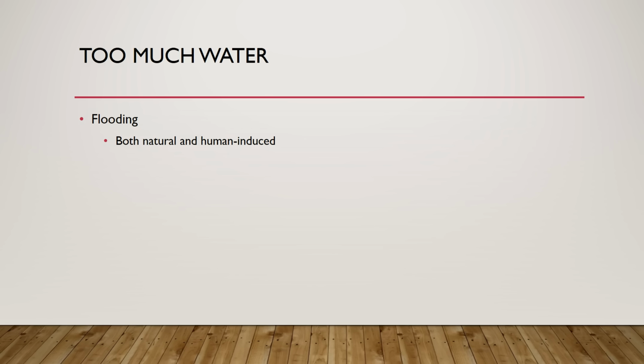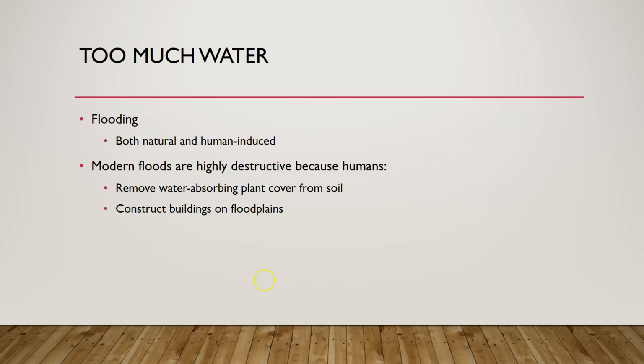Okay? So when we say human-induced flooding, though, we're not talking about humans affecting the amount of precipitation. We're talking about how humans alter systems so that flooding becomes worse or exacerbated due to changes in the system. Modern floods are highly destructive, partly because we remove water-absorbing plant cover from the soil.